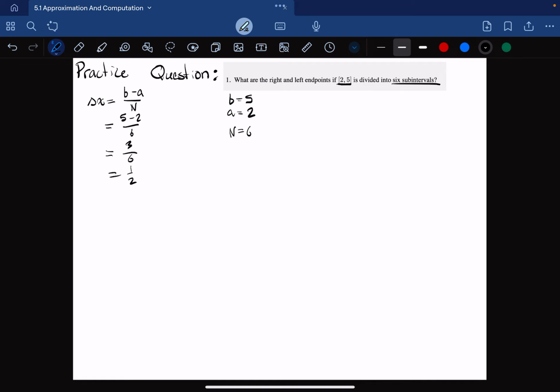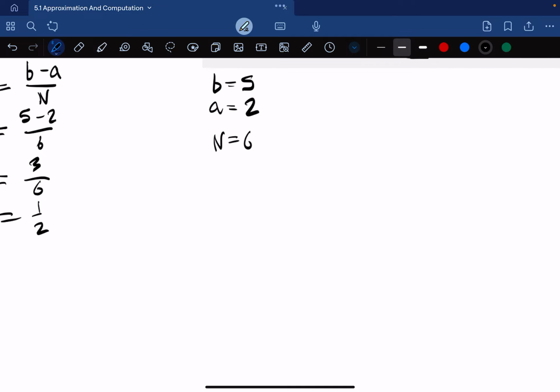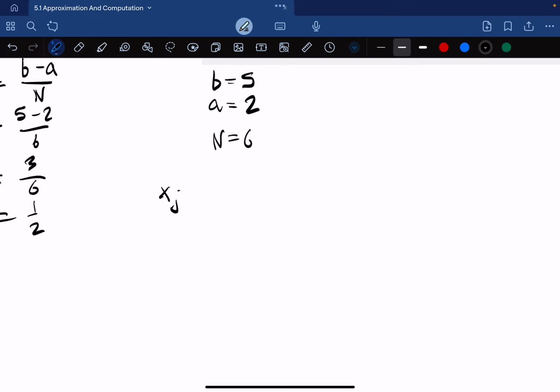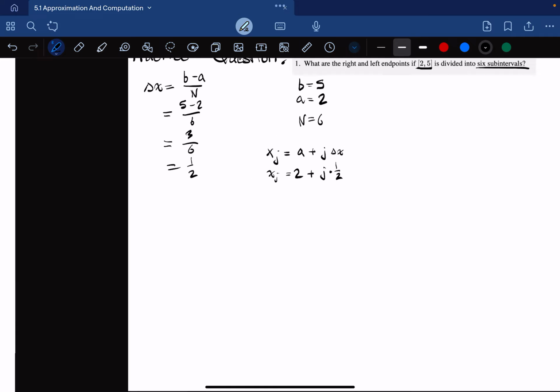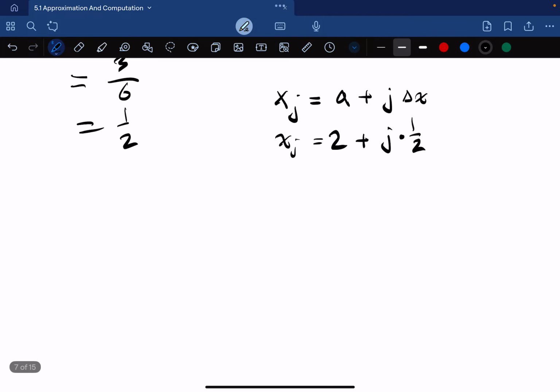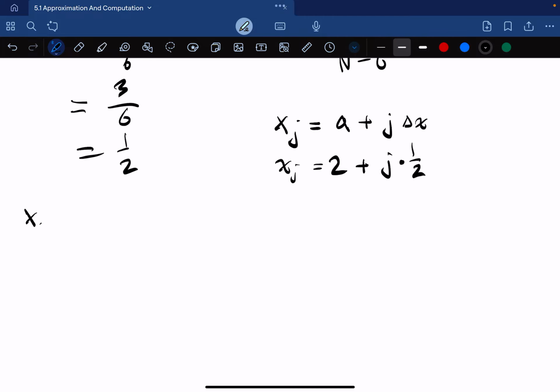So I am going to calculate our left endpoints first because I will show you guys a trick in 1 second. Let's just write down our formula really quickly. x of j is equal to a plus j delta x. And now we're just going to sub in some values. We know our a is 2, and we know our delta x is 1 over 2. So let's start with our left endpoint. We already know that for x of 0, our very first left endpoint, it's always going to be equal to a.